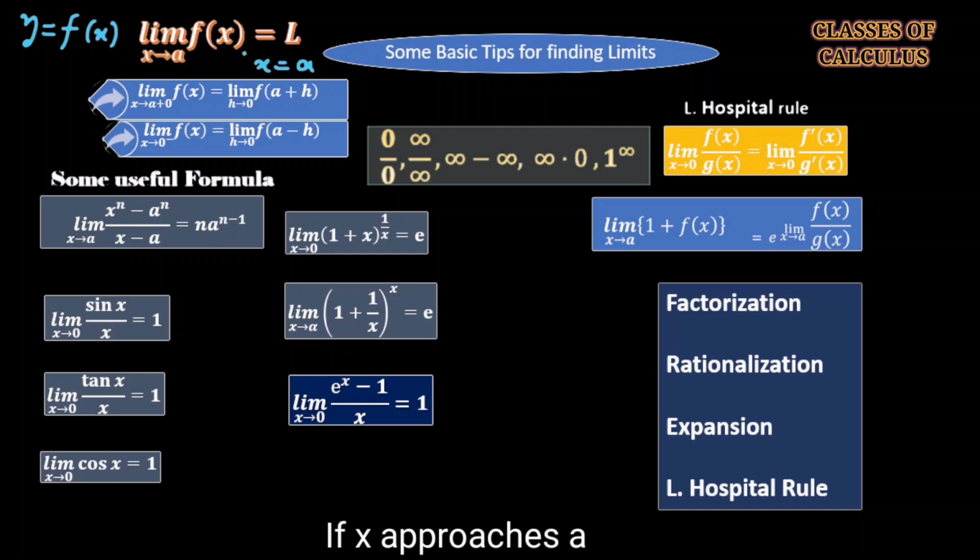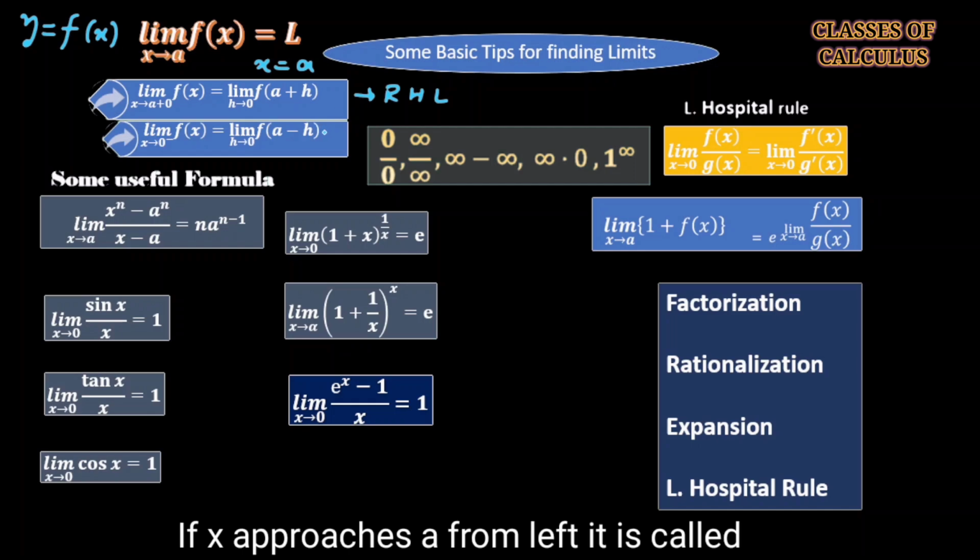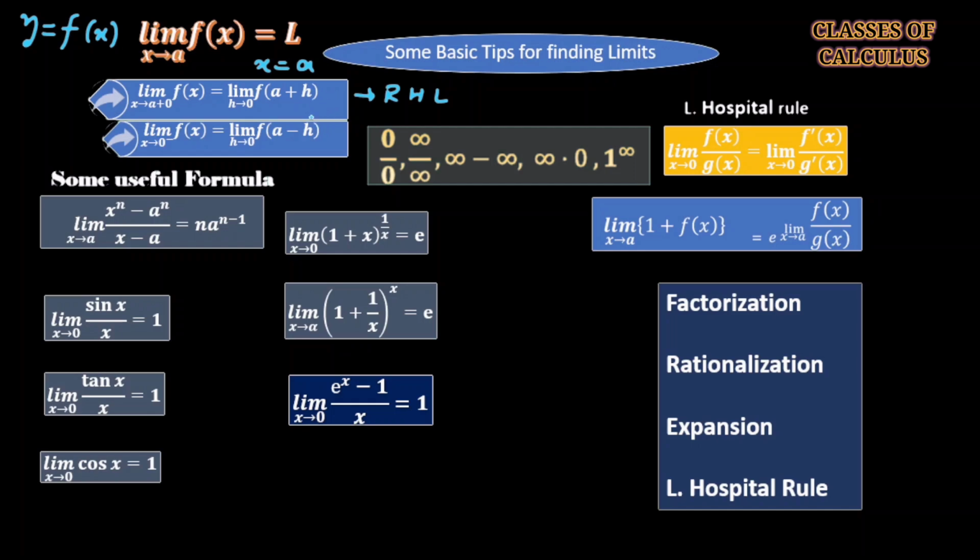If x approaches a from the right hand side, it is called RHL. If x approaches a from the left, it is called LHL.